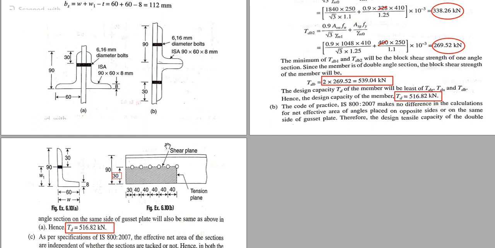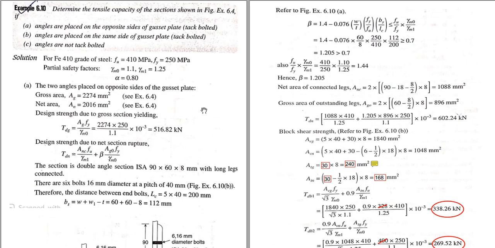There is a minimum pitch and maximum pitch, so some bolts may be required to maintain that criteria. Those bolts will not provide any strength and will not be considered in calculating the strength, so that is tack bolting. So it is not our concern.